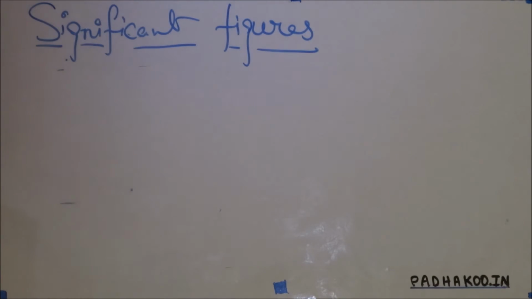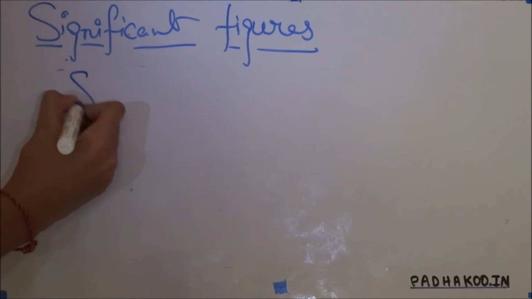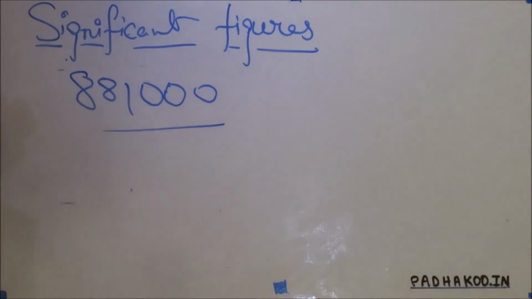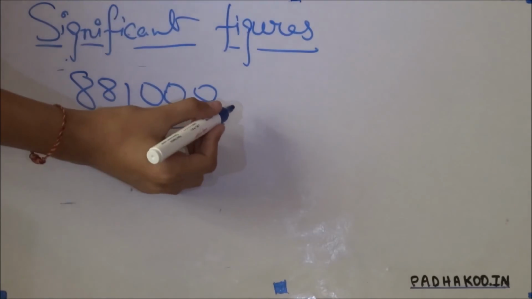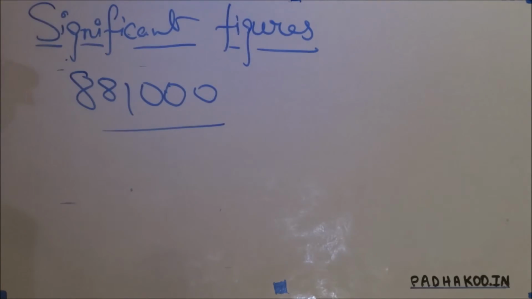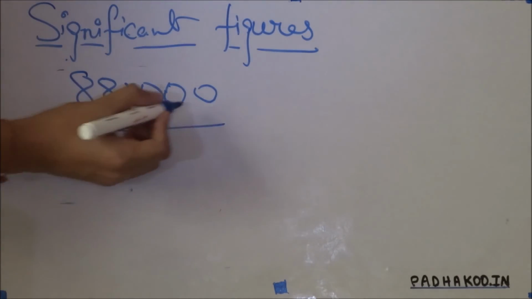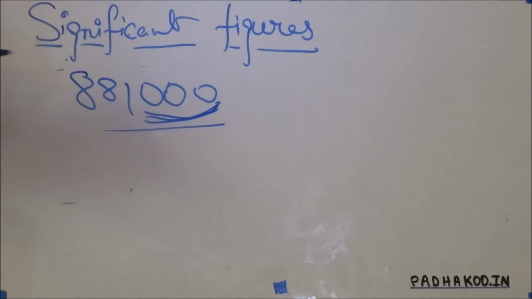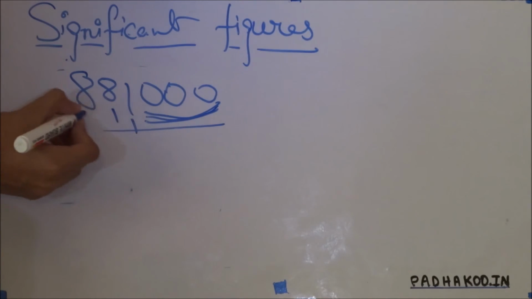Suppose that we have a reading as 881,000. There is no decimal point, which means the whole number is to the left of the decimal point. So we will not consider these three zeros, because they end before the decimal point. So 1, 2 and 3.